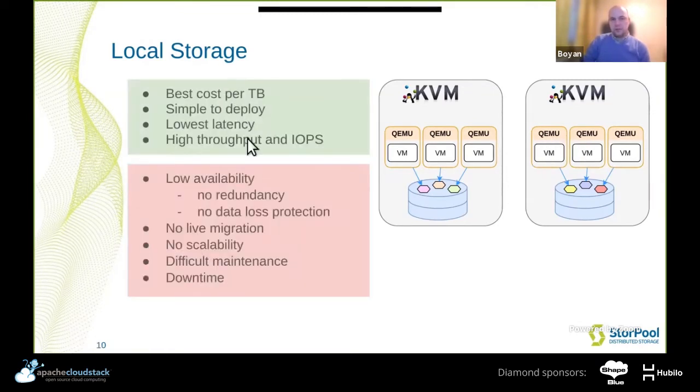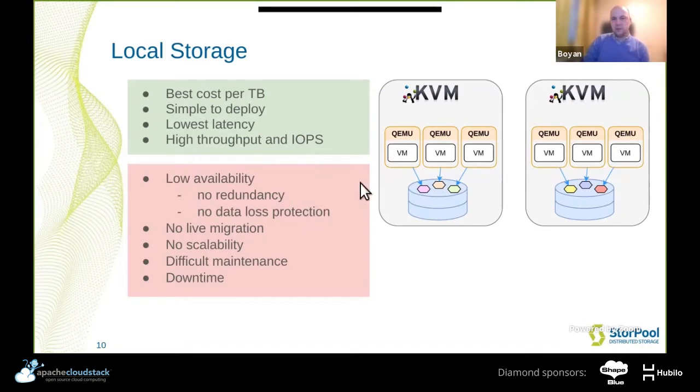It has some benefits and drawbacks. The drawbacks are that it has low availability, because if a host, a hypervisor, dies, you also lose the data on that hypervisor, and you can't restart the VM immediately. You need to fix the hypervisor, and then you can start the VM.